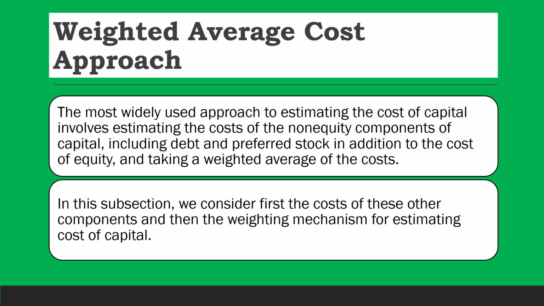In this subsection we consider first the cost of these other components and then the weighting mechanism for estimating the cost of capital. So first we will understand the cost of debt and the cost of preference shares. Cost of equity we have already done. Now we are moving on to how we calculate cost of debt.